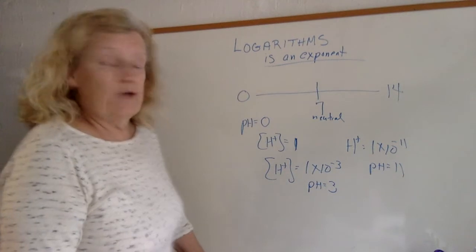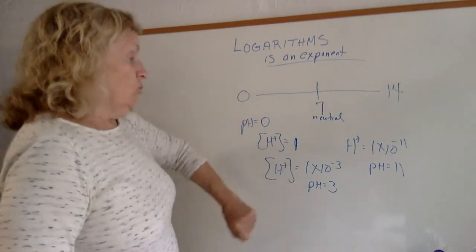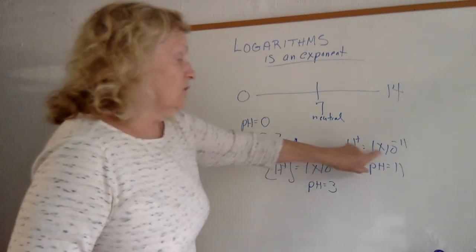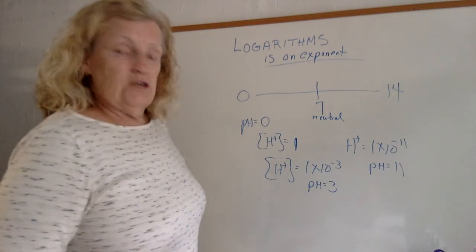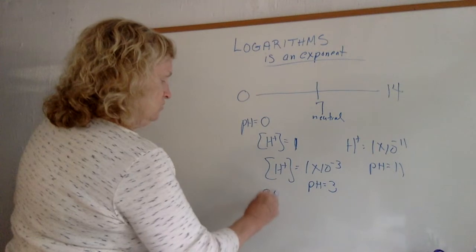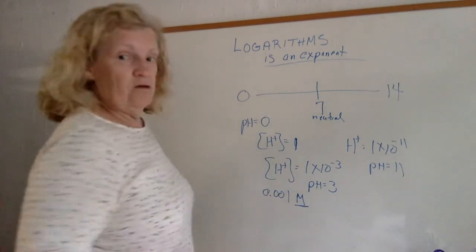So how does that relate to the pH scale? Which number is bigger, 1 times 10 to the negative 3 or 1 times 10 to the negative 11th? If we write these out in decimal form, 10 to the negative 3 is 0.001, and these are concentrations, so it's molarity.